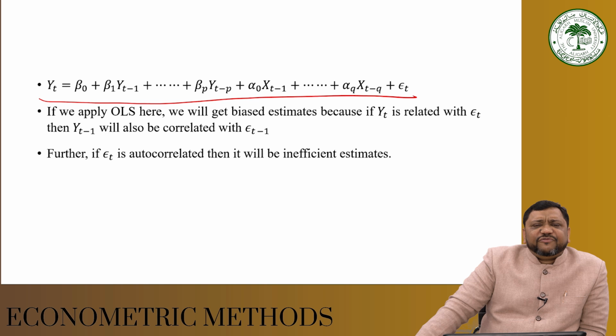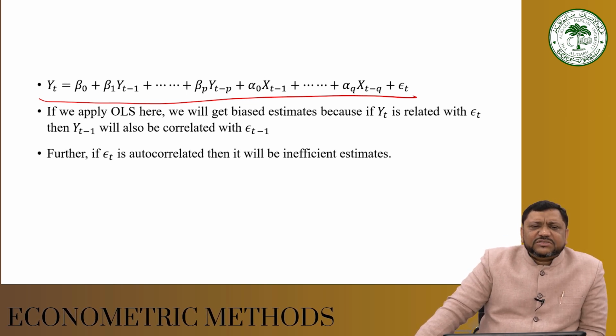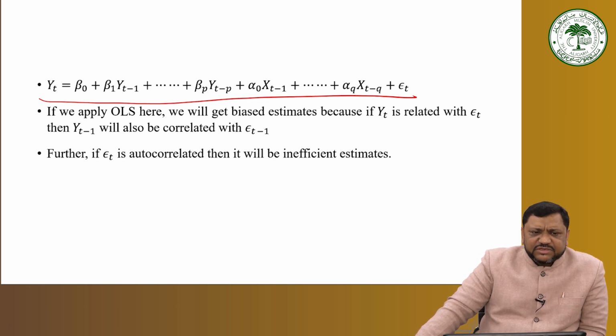In this, if we apply OLS, we have seen in our discussions of lagged variable models that we get biased estimates, and also there is a presence of autocorrelation and other issues.